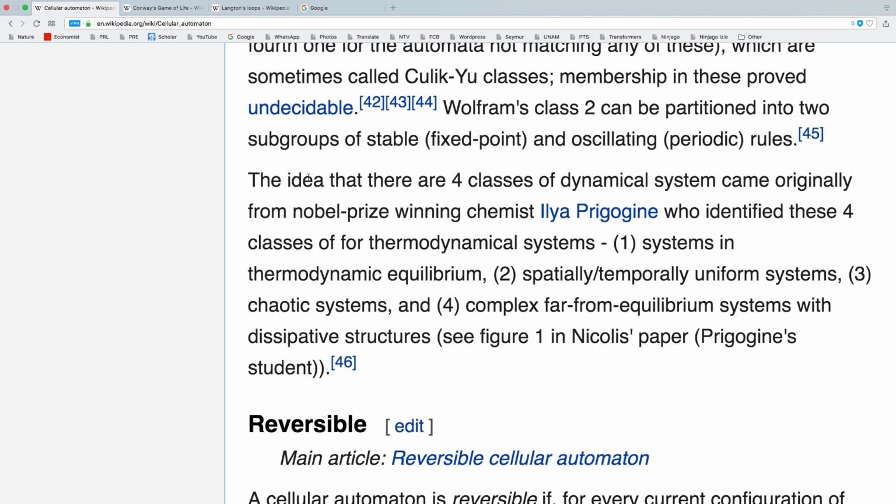So basically, the idea of 4 classes can be taken to dynamical systems and can correspond to systems in thermal equilibrium, uniform systems, chaotic systems, and complex far from equilibrium systems with dissipative structures. Okay? All this will make more and more sense as we go along.